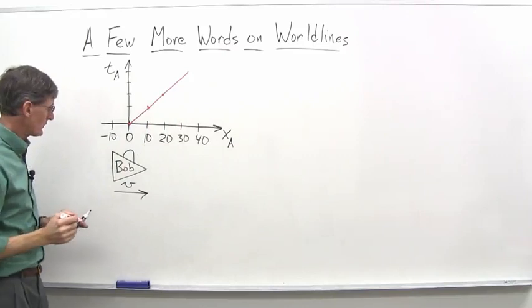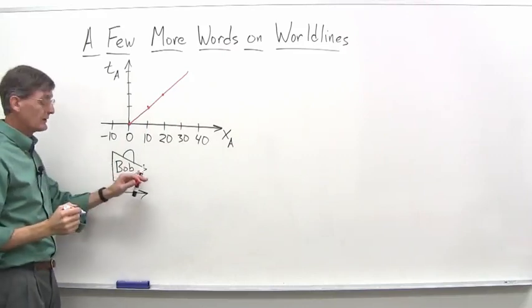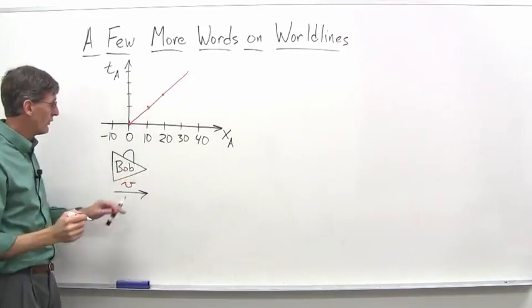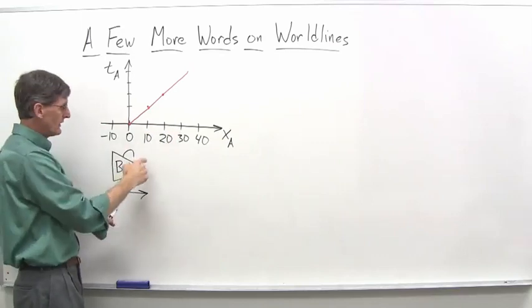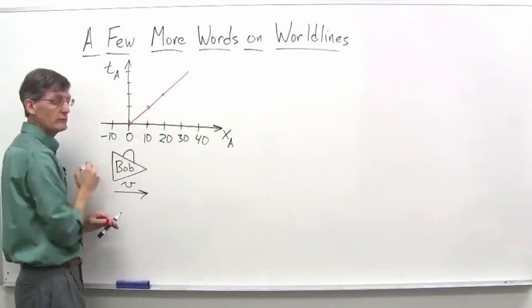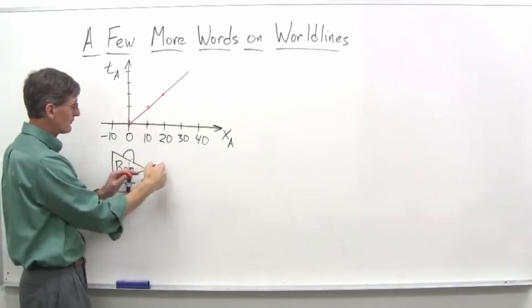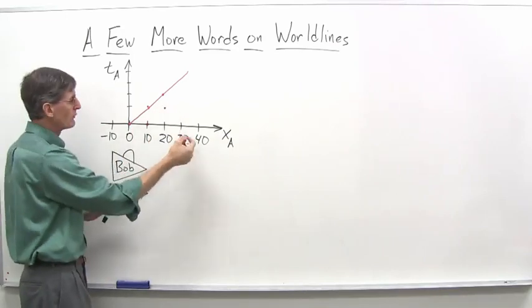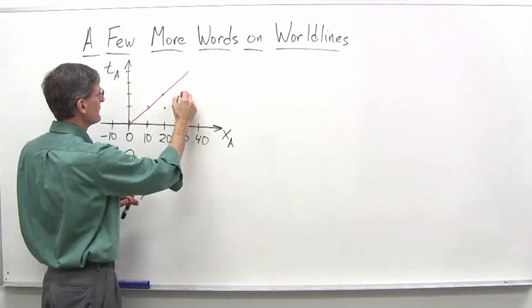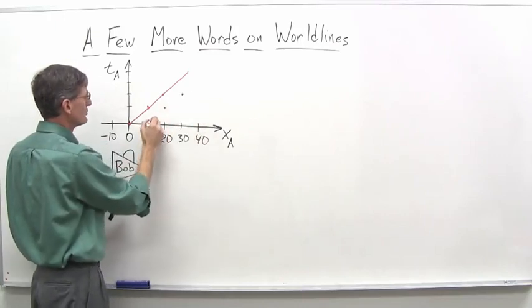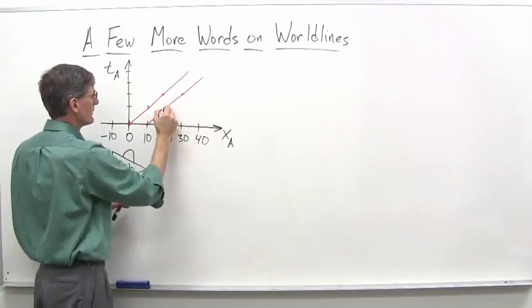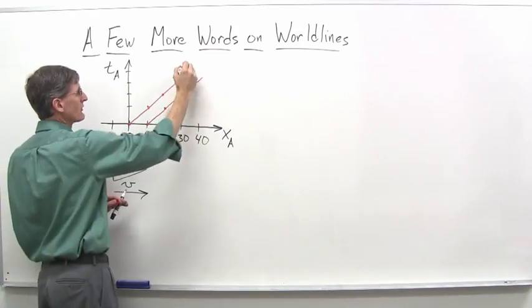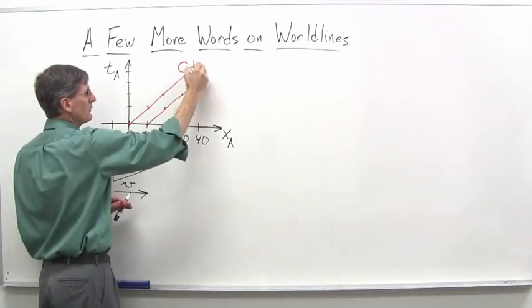What about the front of the ship? Let's do the front of the ship here. At time t equals 0, it's at 10, so it would be there, and then at the next time, it'd be at 20, so it'd be here, and then 30 and 40 and so on at each time. So the front of the ship, its world line looks like that. This is the cockpit where Bob is sitting.